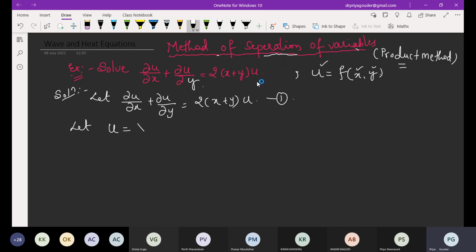But you take it as a product of capital X into capital Y, where capital X is a function of X and capital Y is a function of Y. Are you getting it? Take the dependent variable u as the product of the independent variables, in the form of capital letters, as equation 2. Suppose this is the solution of equation 1.